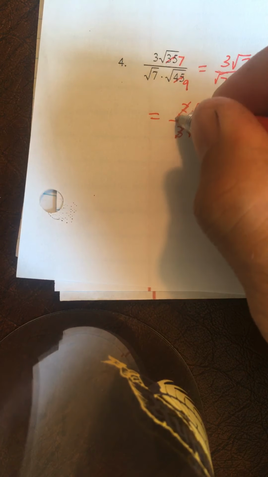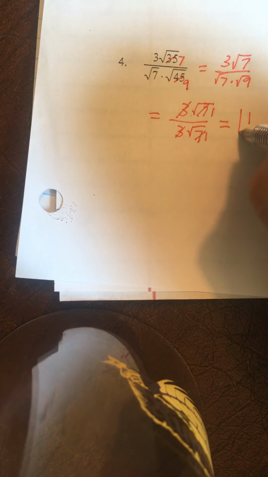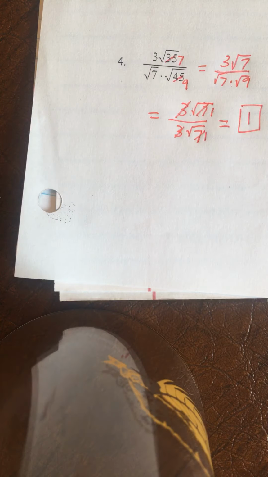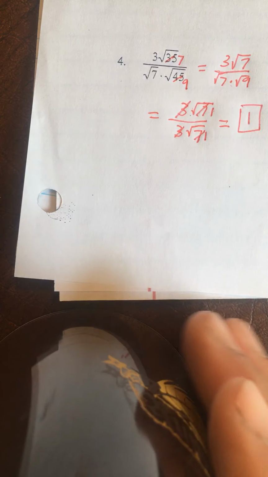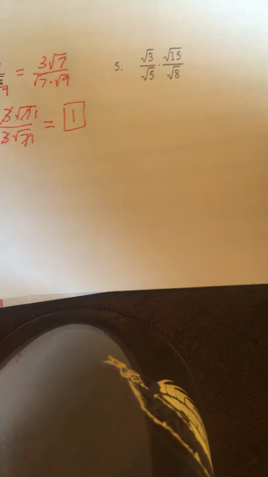So these 3's, I know you guys see that, and these 7's cancel, leaving us with 1 over 1, which is 1. That was pretty cool. All right, so let's move on to the last example that I think you need here.